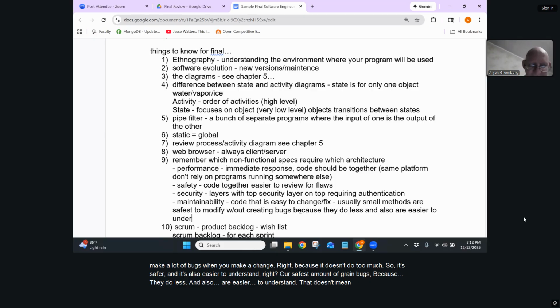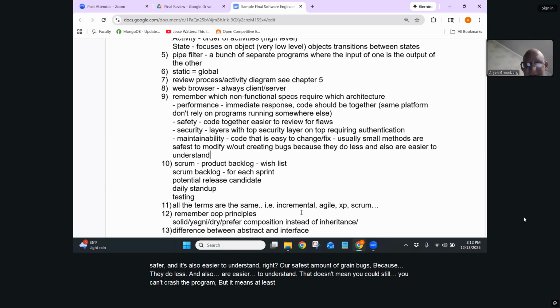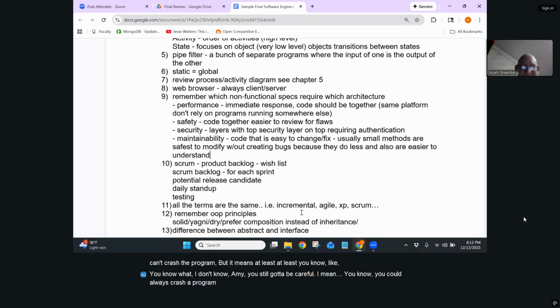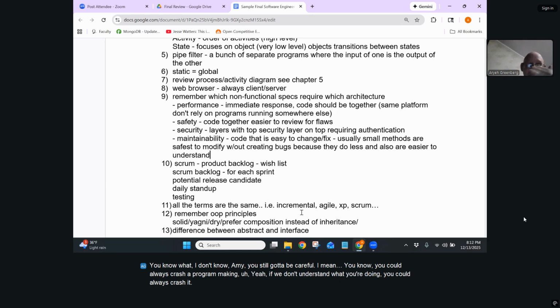It doesn't mean you can't crash the program, but you still have to be careful. You could always crash a program if you don't understand what you're doing, even if the change is small.